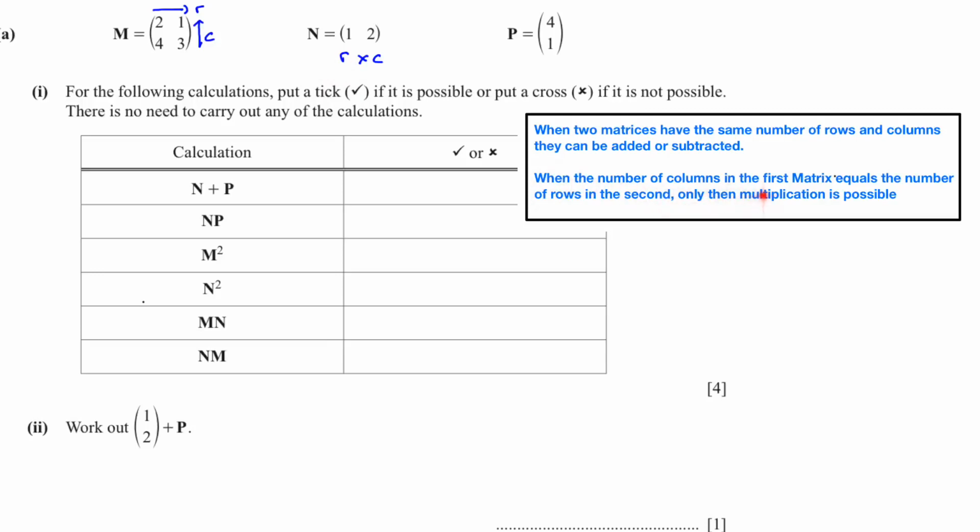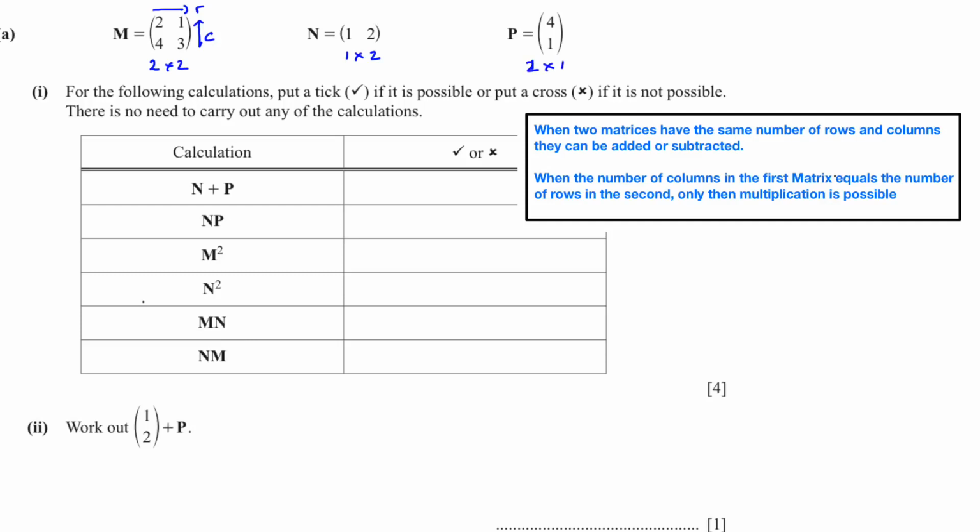When the number of columns in the first matrix equals the number of rows in the second, only then multiplication is possible. It means, let's write this down. This is the number of rows and number of columns, number of rows and number of columns.